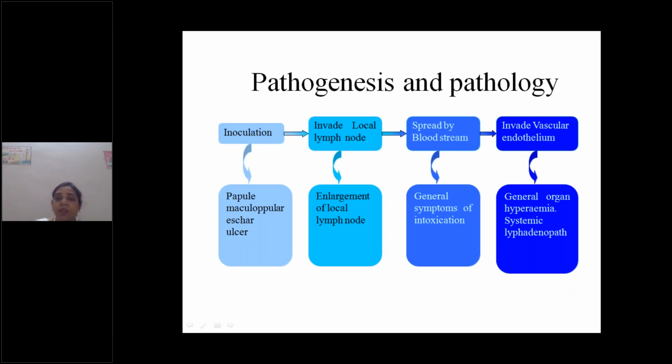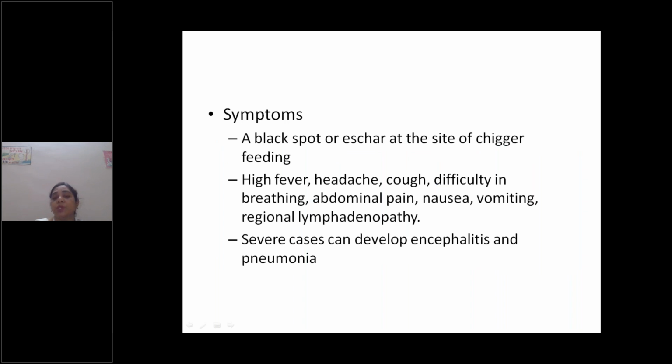They invade the lymph node and spread via the blood. Once they enter the bloodstream, general features usually appear. What are they? High fever, headache, cough, difficulty in breathing, all of this. Okay, so all of these will take place during the first week. During the second week, severe complications will be there, such as encephalitis and pneumonia. Even if you treat it, eventually during the third week, there will be convalescence.